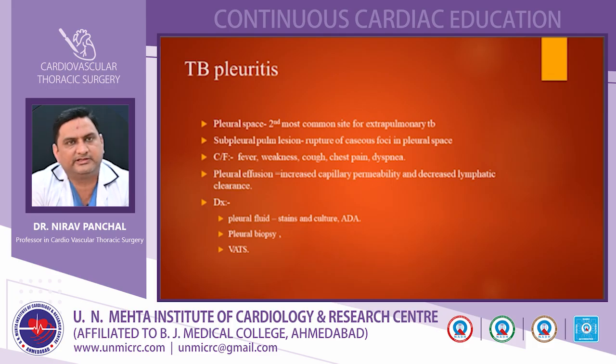This pleural effusion develops because of increased capillary permeability and decreased lymphatic clearance of the fluid in the pleural space. Diagnostically, we can assess the pleural fluid for stains, culture and pleural fluid ADA level. Pleural biopsy is one of the important diagnostic parameters, which we can do directly or nowadays by VATS, and we can confirm pleural tuberculosis.